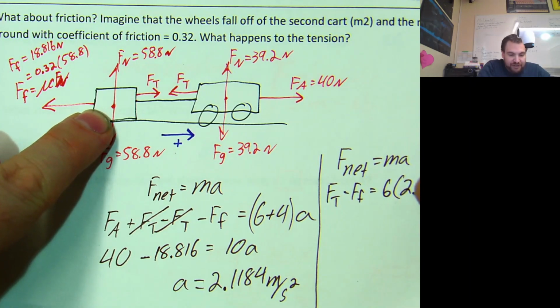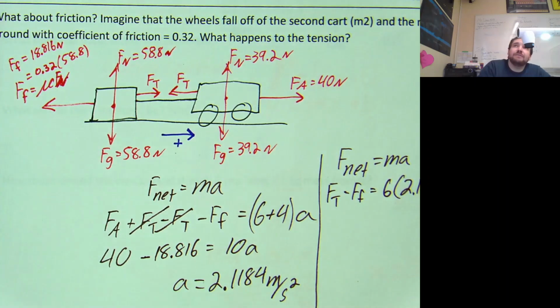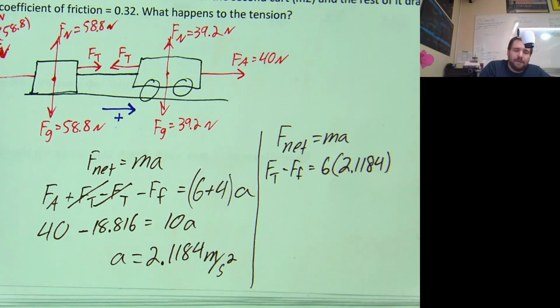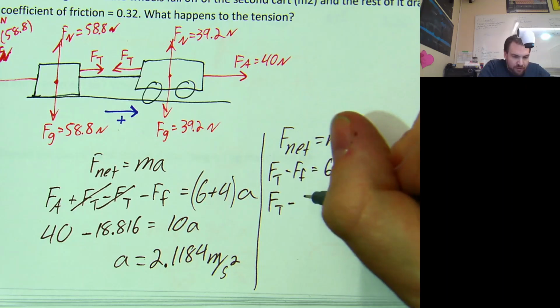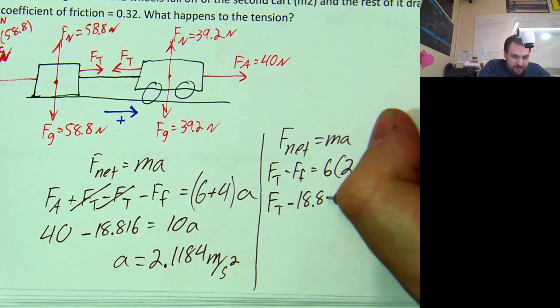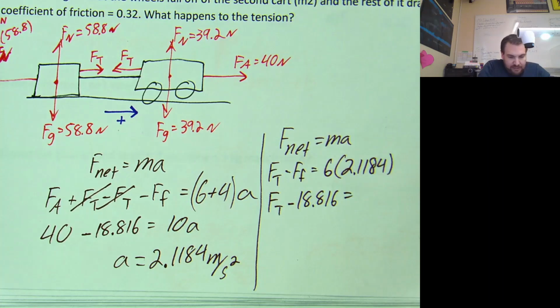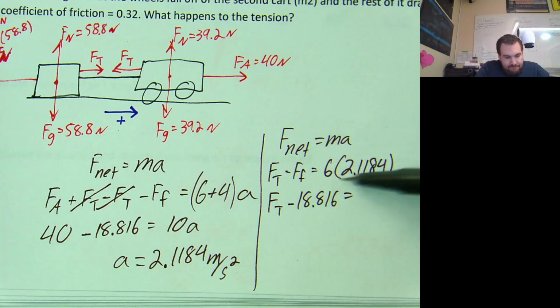And we know the acceleration on the block is 2.1184 because it accelerates as a system. So Ft is what we're looking for. We know Ff is 18.816. Equals, what's ma? No, I just want the 6 times 2.1184.